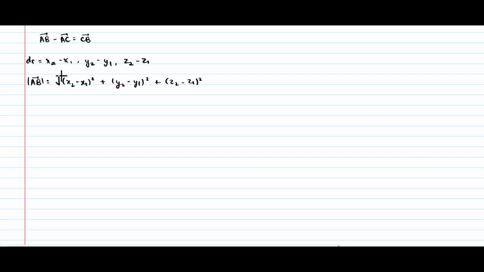So this is the formula for finding the magnitude when you have the points, the initial point and the final point. And finally, the direction cosine. The direction cosine is very similar to direction ratios, but what you do is you take x2 minus x1 divided by the magnitude. You can also write the magnitude just like this. If you write it like this or like this, it's equivalent.